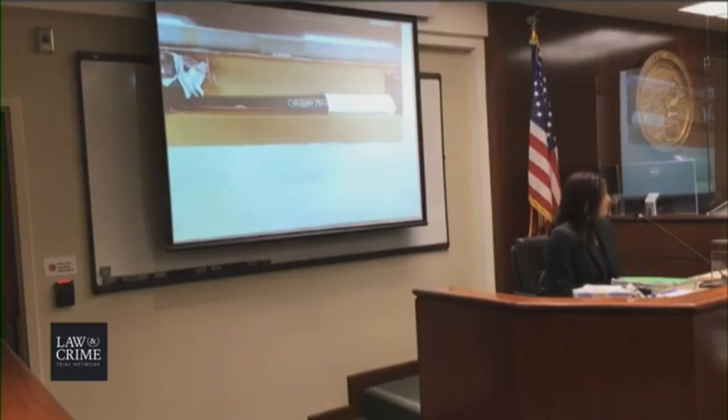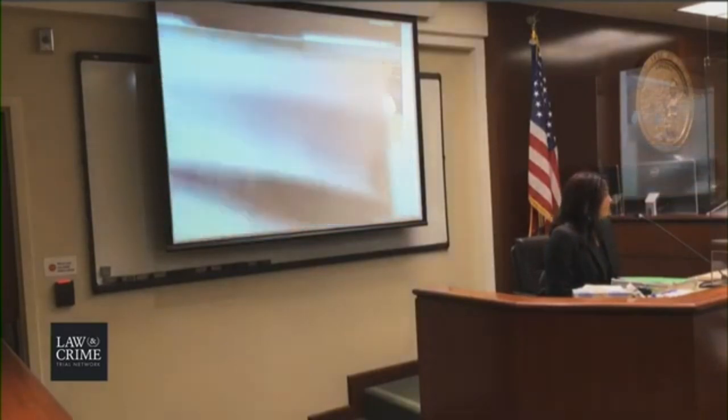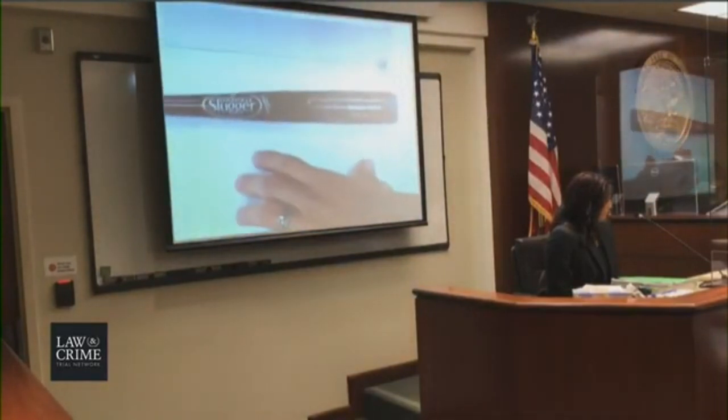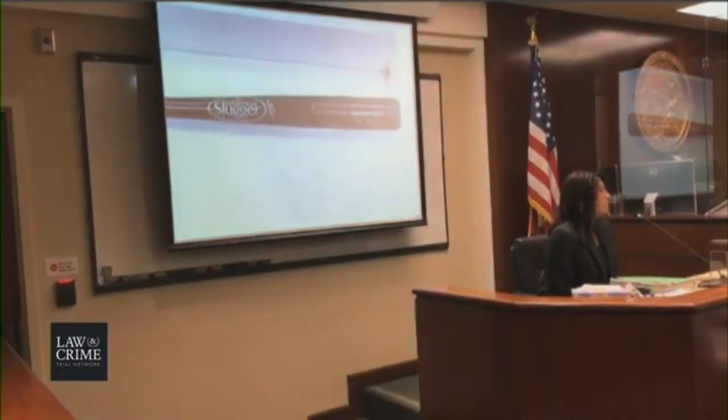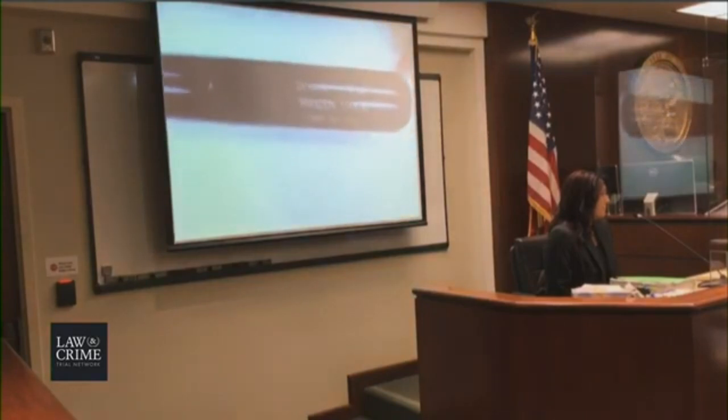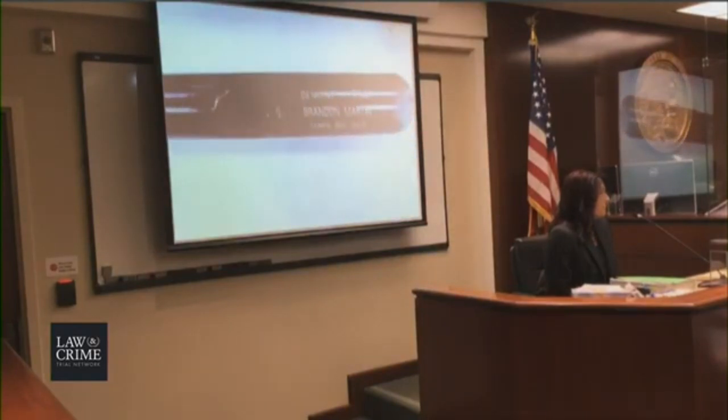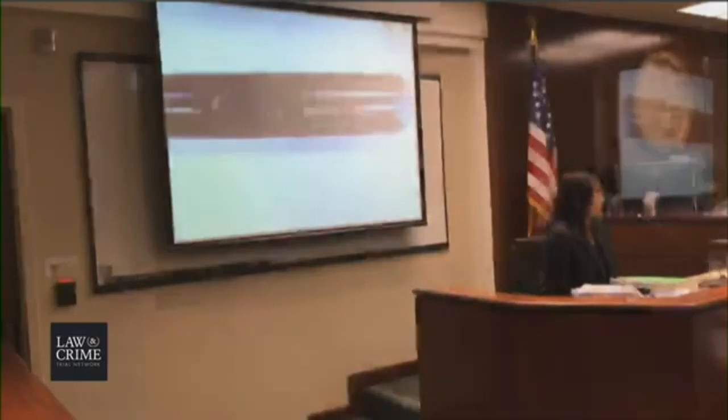Showing you People's 202. Is this the bat without the wrapping around it? Yes. And also showing you People's 203. That's a zoomed in, closer look at the bat. Is that correct? That's correct.